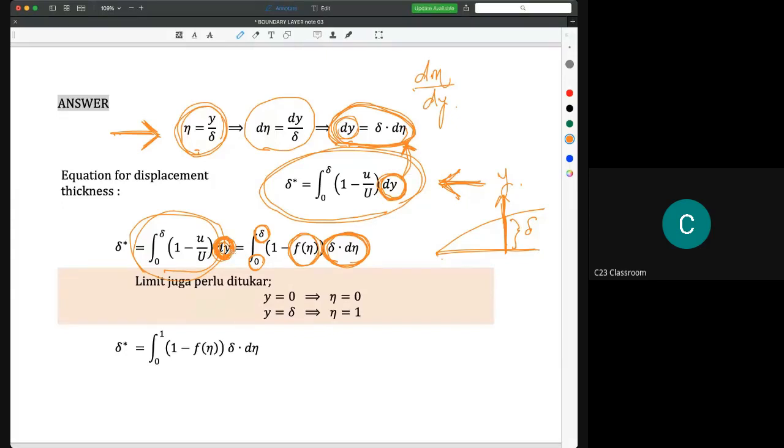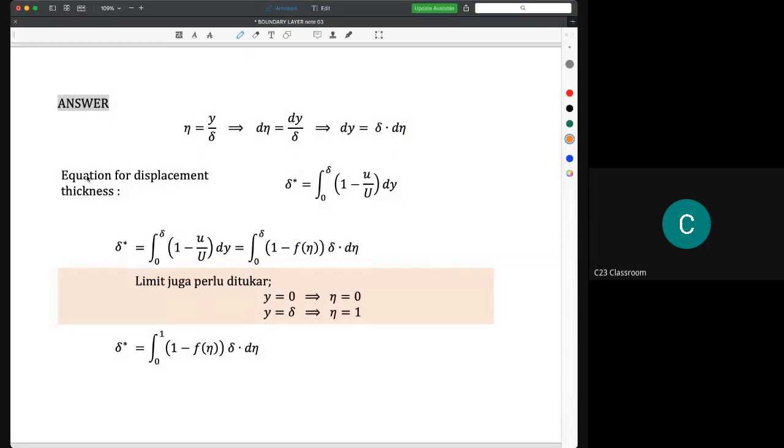And then the limit is 0, which is this point, and the value of delta, which is this point. Okay, so now we change the value of dy here, so it means we also need to change the value of this limit. So how to change the limit? So you may use this idea.